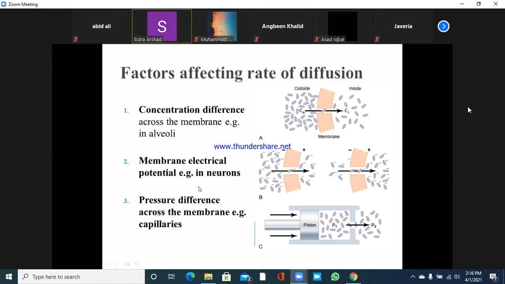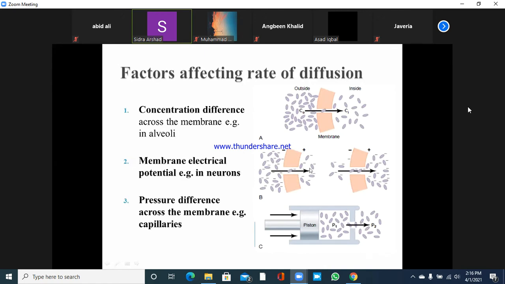If there is a certain polarity, like in normal cells there is a negative charge present inside the cell and positive charge present outside the cell, or if we consider this diagram in which they have shown a positive charge on the inside and negative charge on the outside, then because of this polarity, the negatively charged ions will move from the area of negativity to the area of positivity, because obviously the negative ions will go towards the area which has more positive charges, right?